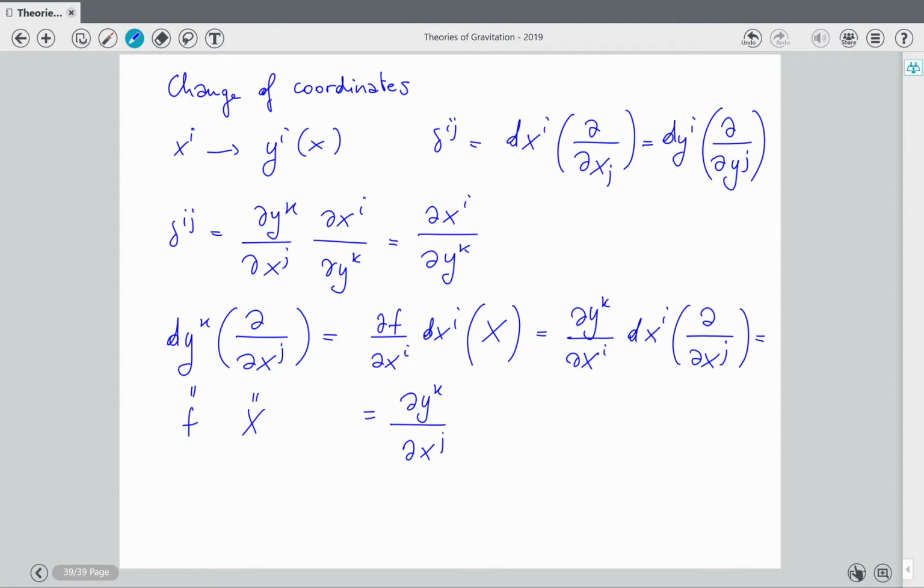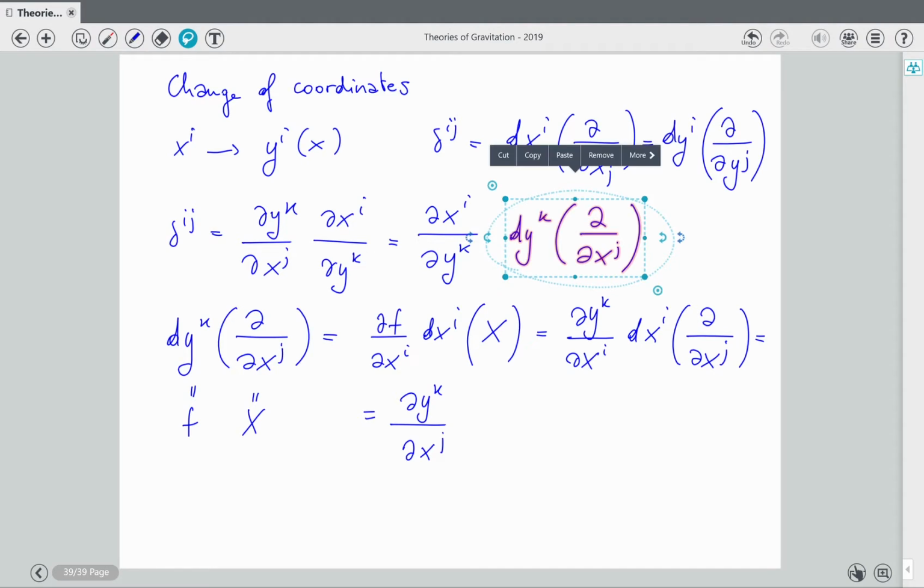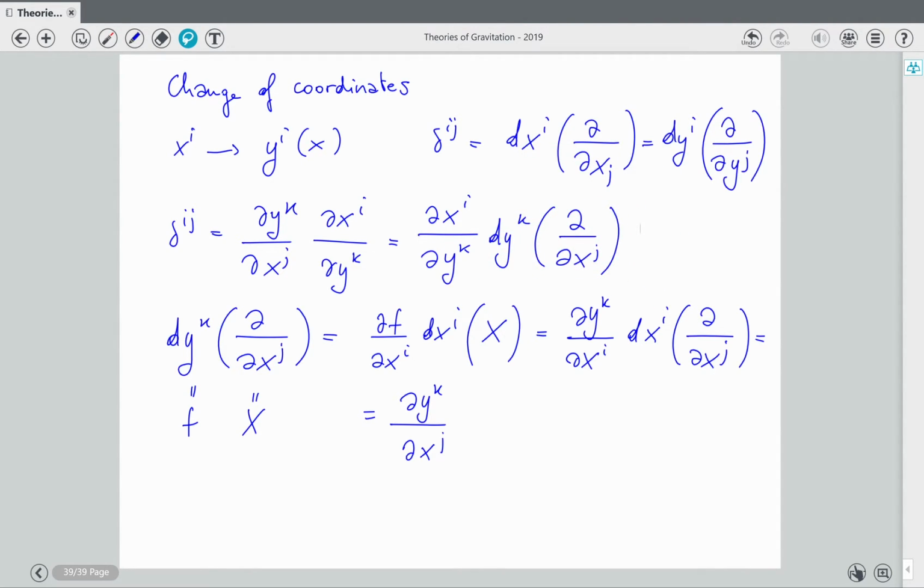And instead of writing partial yk divided by partial xj, I replace this with this object. So now you have the change of coordinates because it's sufficient.